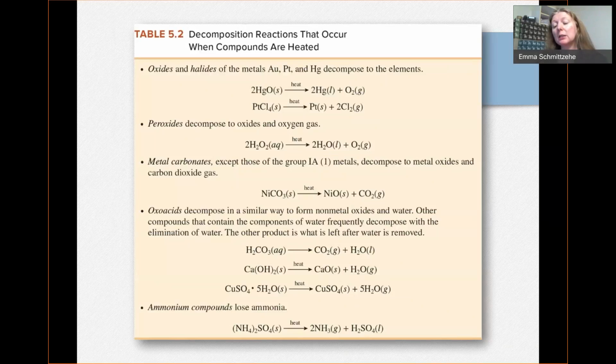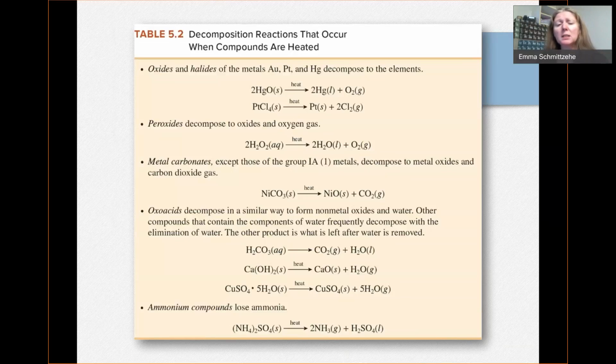So if something can split apart and form something like water, H2O, water molecules are very stable, and so it can be favorable for something to split apart and release that very stable compound. Carbon dioxide is also a very stable compound, so that tends to come off of things. Or ammonia, NH3, is a very stable small molecule, and so that can decompose off of things.